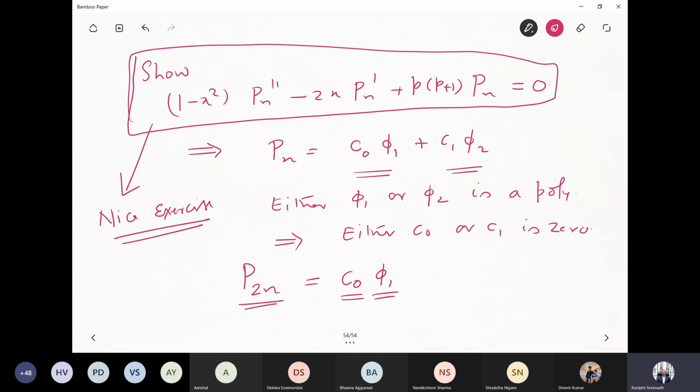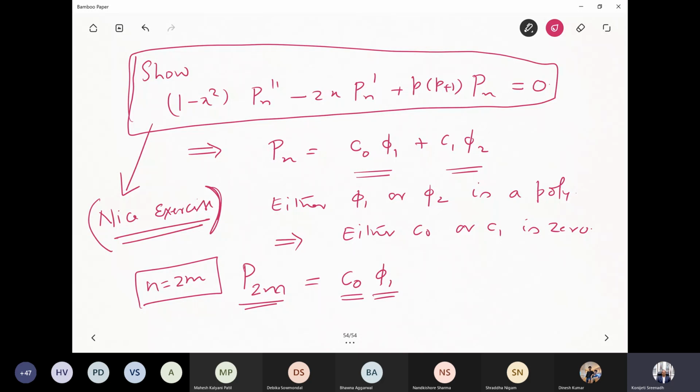Student: Sir, how is Pn of 1 equal to 1? Sir, if you put x equal to 1... I'm saying when I take 2n, say n equals 2m, so when I take n to be even numbers, I'm going to get an even polynomial. Student: No, sir, I'm talking about the last page, the last step.